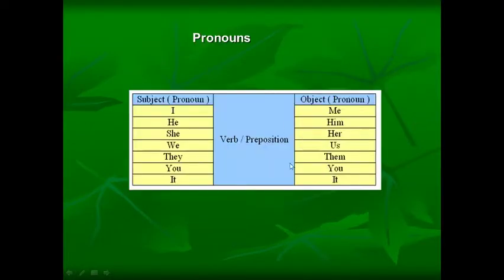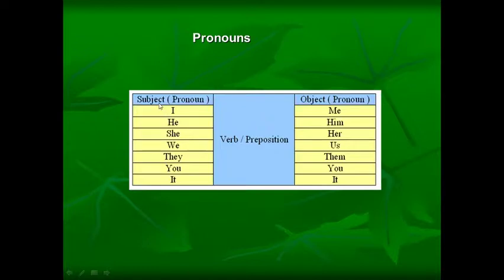Okay, so we have the pronouns here, and here's the subject, which is a pronoun. So basically pronouns are I, he, she, we, they, you, it. Like I told you guys before, it replaces the purpose of a noun, so basically so people don't get bored, right?